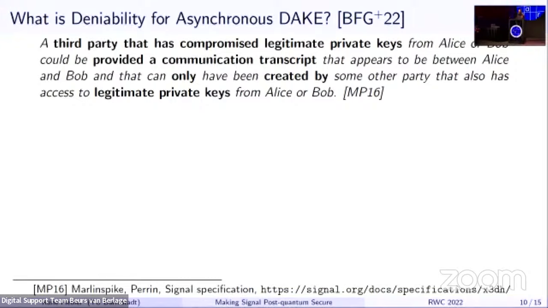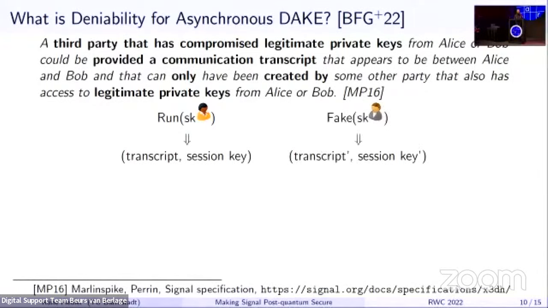How do we parse this into a nice cryptographic definition? So first case, we have Alice, who has used the run algorithm to produce the message using her own secret key, resulting in a transcript and a session key. Second case, Bob has faked a transcript. So the fake algorithm is something that we've also included in our syntax. Here, Bob uses his own secret key to also come up with a transcript and a session key.